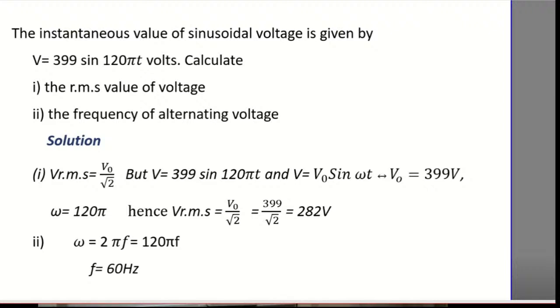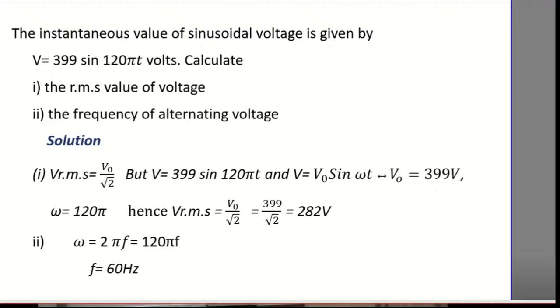You can realize that V naught is compared to 399 and omega t is compared to 120 pi t. So that implies V naught becomes equal to 399 volts and omega becomes equal to 120 pi.